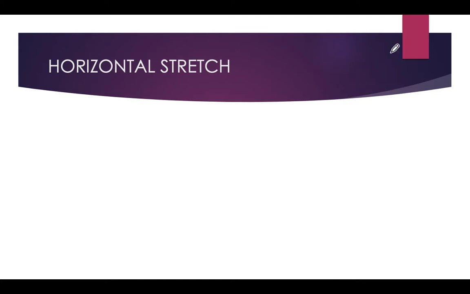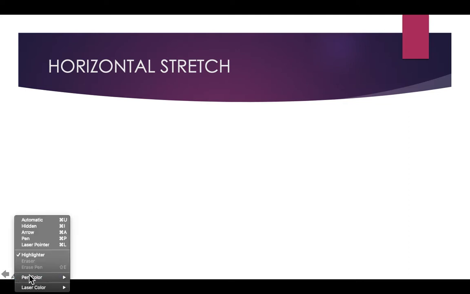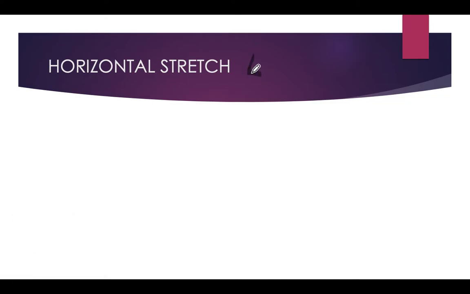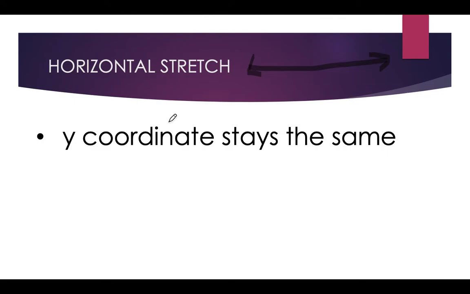When you think of horizontal distance, or the direction, know that we only move left to right. So anything that changes is only going to happen at your x coordinate. Again, think of our ordered pairs, x, y.